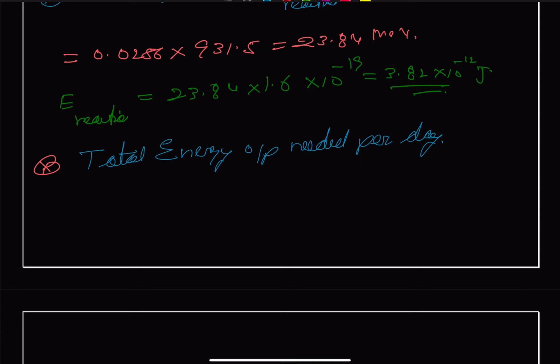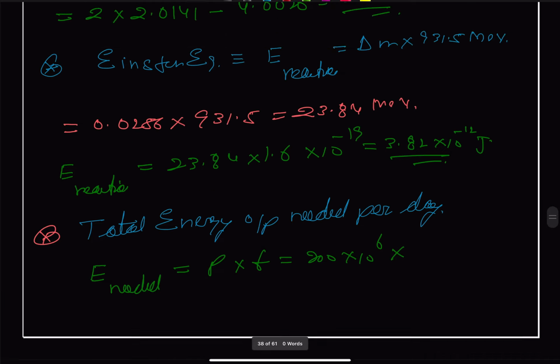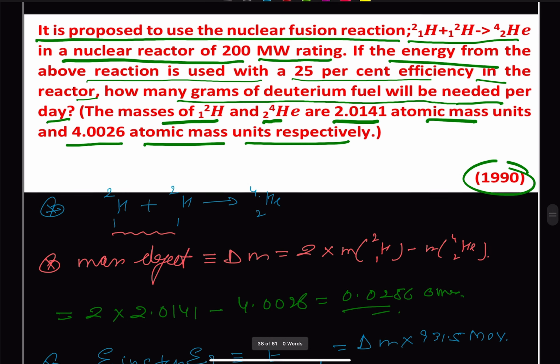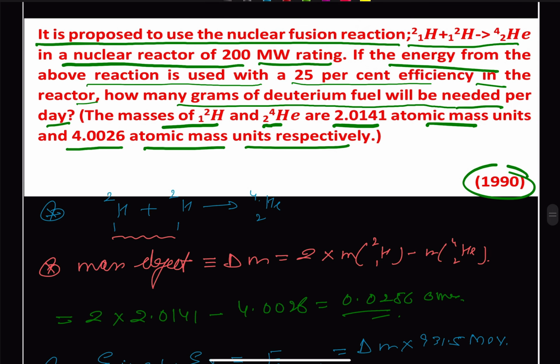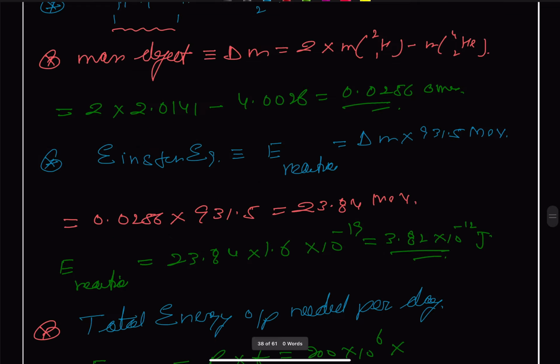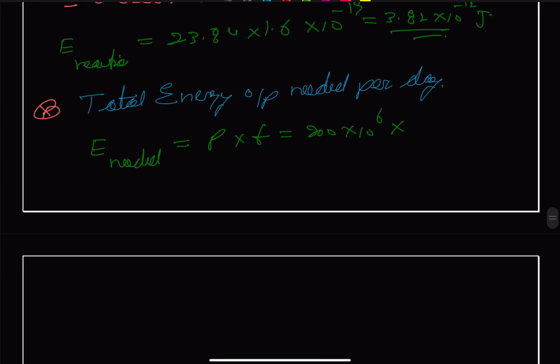So we can write this as E needed will be equal to power multiplied by time, and power is our 200 into 10 to the power 6 multiplied by time, which is per day, 24 into 60 into 60.